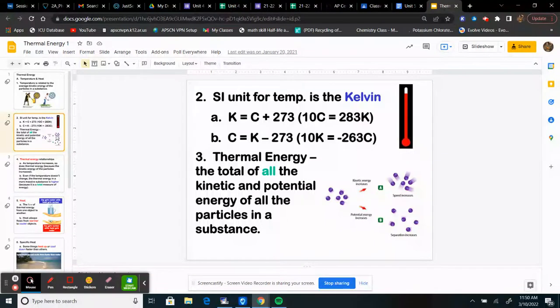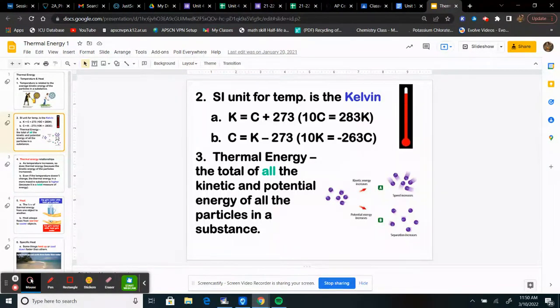At 0 degrees Kelvin, all particle movement stops, 100% completely frozen, no movement whatsoever. Even the cold vacuum of space is not at 0 degrees Kelvin. That tells you how cold something really is.